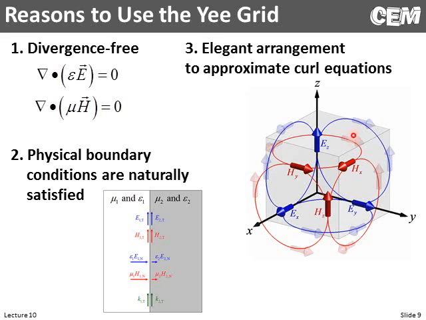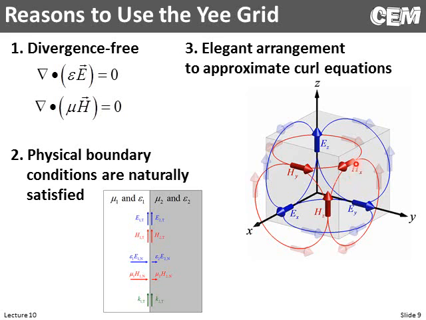This blurred fuzzy one is in the previous unit cell. This other blurred fuzzy one is in the previous unit cell. So immediately adjacent to this E sub z component are all of the components of H needed to calculate the curl. And in fact, I could look at any electric field component, and I immediately see that right next to it are all the magnetic field components necessary to calculate curl.